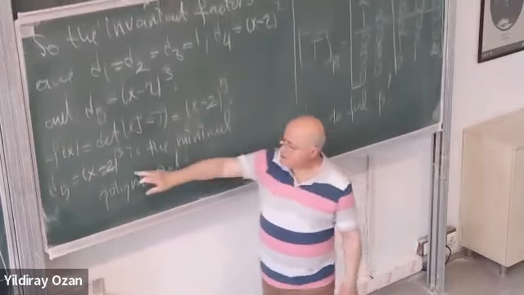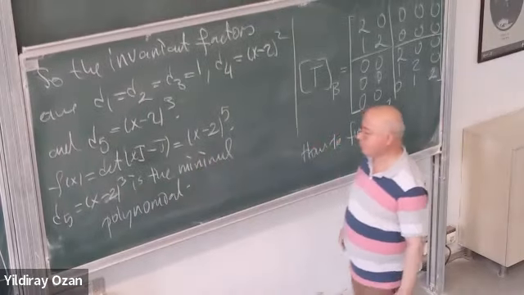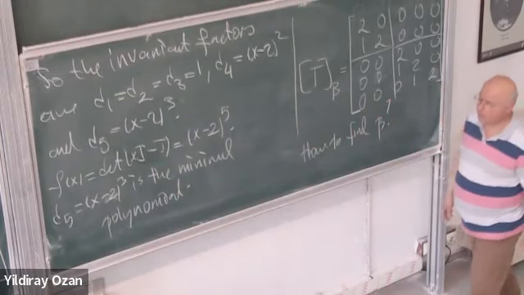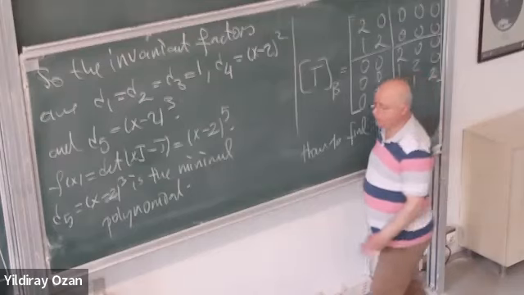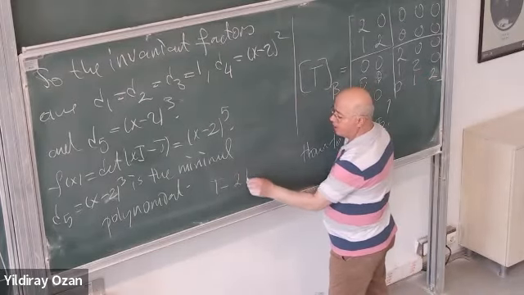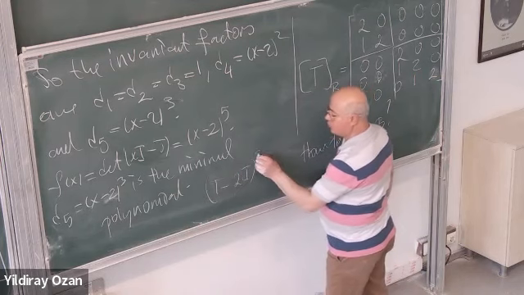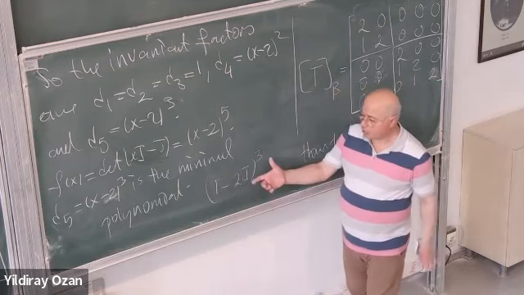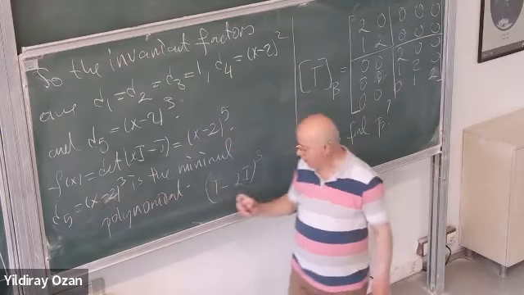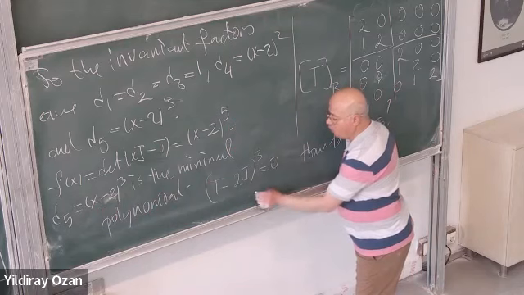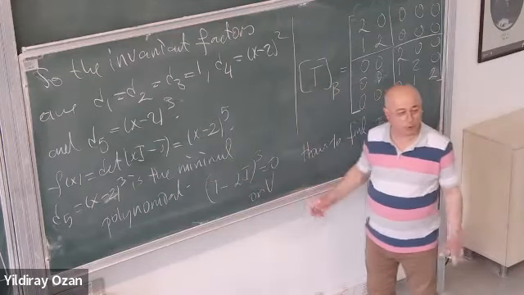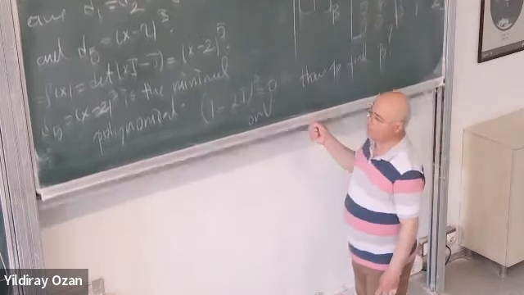Now, this is the minimum polynomial. Therefore, the operator T minus 2 times identity, cubed, right? This is the operator which corresponds to this polynomial. This is 0 on V, because this is the minimum polynomial. So this operator is 0.